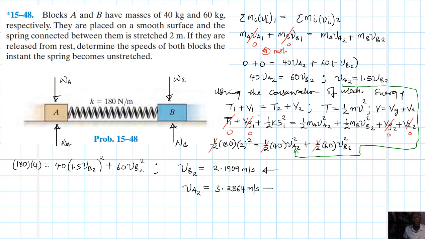This is A in this direction. So A, with the smaller mass, has a higher velocity. These are the speeds of both blocks at the instant the spring becomes unstretched.